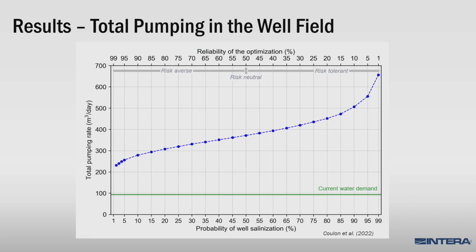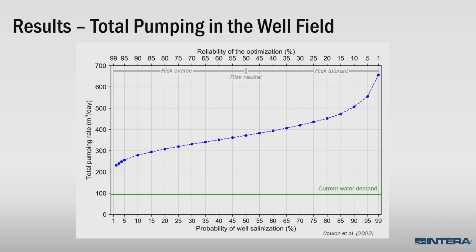So here are the results of the optimization under uncertainty. Here we see increasing pumping rate versus increasing probability of well salinization, or decreasing reliability of the optimization. We can map the risk averse, risk neutral, and risk tolerant areas on this figure. And so we see that when the pumping rate is increased in the well fields, the probability of salinization increases and the reliability decreases.